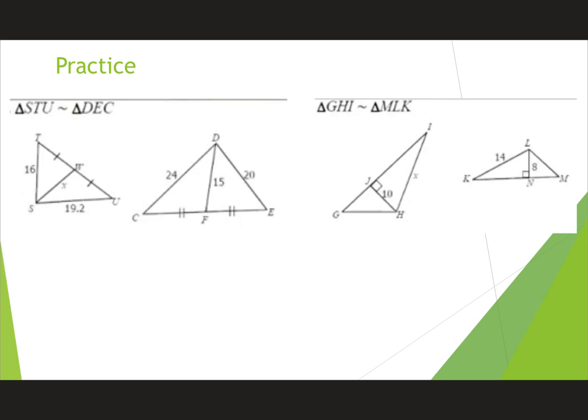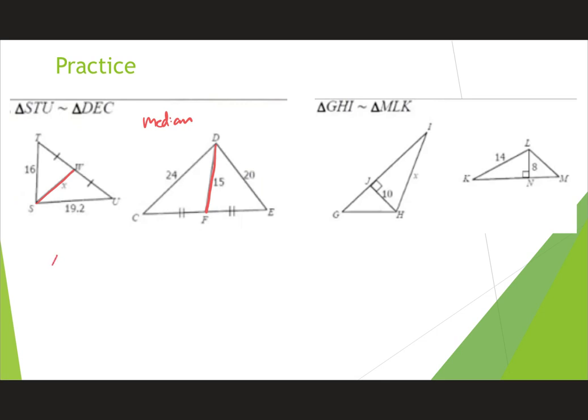Now let's see what happens when we have problems. In this first one, we have medians. If you're looking at it, you can see it goes from the vertex and bisects the opposite side. Therefore, the ratio of my medians is going to be proportionate to the ratio of a side.